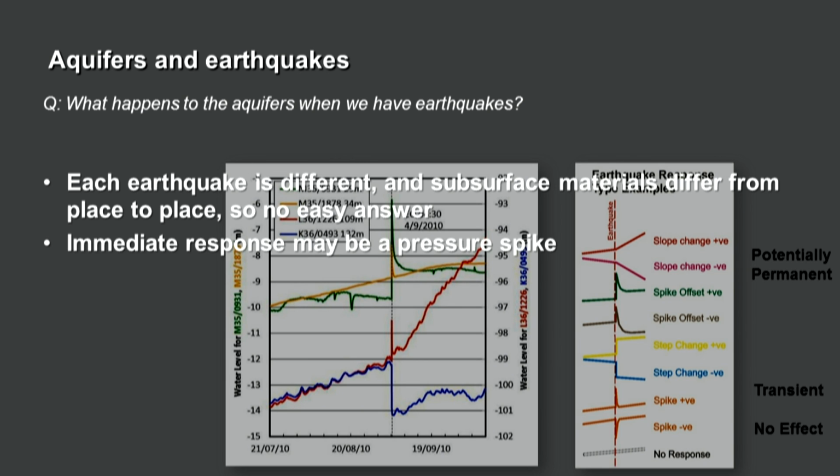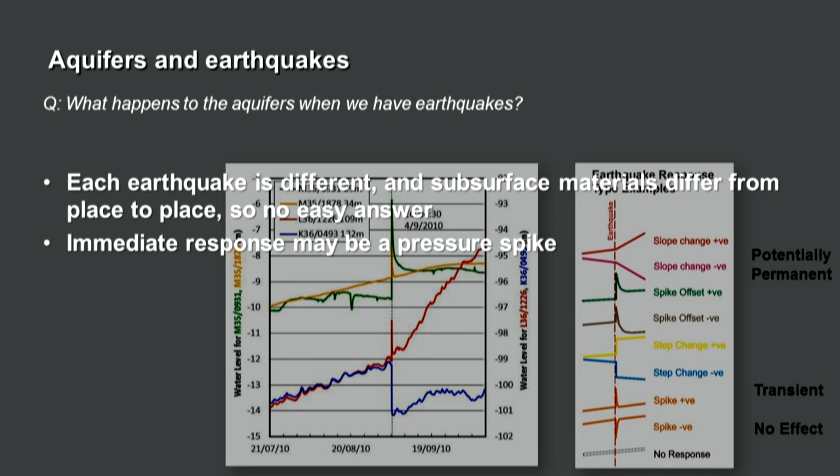But what you normally get with an earthquake hitting an aquifer, particularly a confined aquifer, is a pressure pulse, like a spike, a peak, and you can see in the left-hand diagram each one of those has got a pressure peak in it. But in some of them, the response changes.